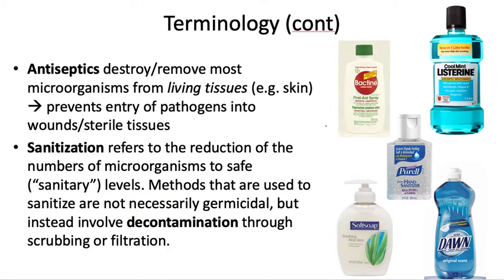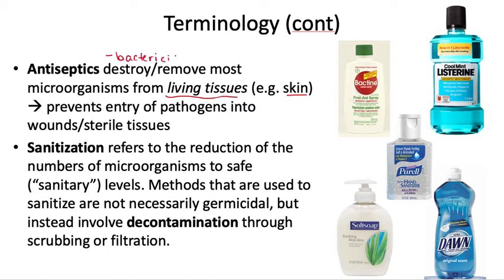All right, and so when we're talking about something that we use on living tissues, this can be skin. It also could be the inside of your mouth, like mouthwashes. So antiseptics, because they destroy or remove most microbes, are going to be things that are bactericidal.